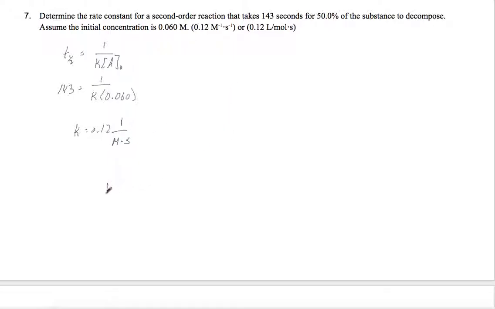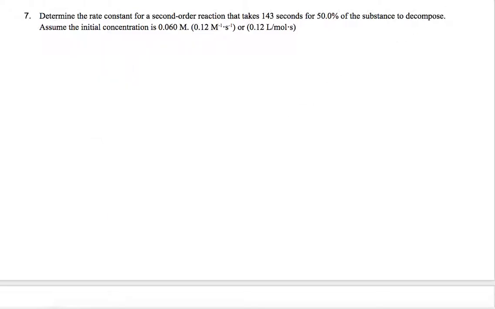And since molarity is equal to moles per liter, and molarity is on the denominator, this would end up as liters per mole seconds. So it just depends on how far you break down the units, because molarity is defined as something as well. So you can see that we have different ways of showing those units.